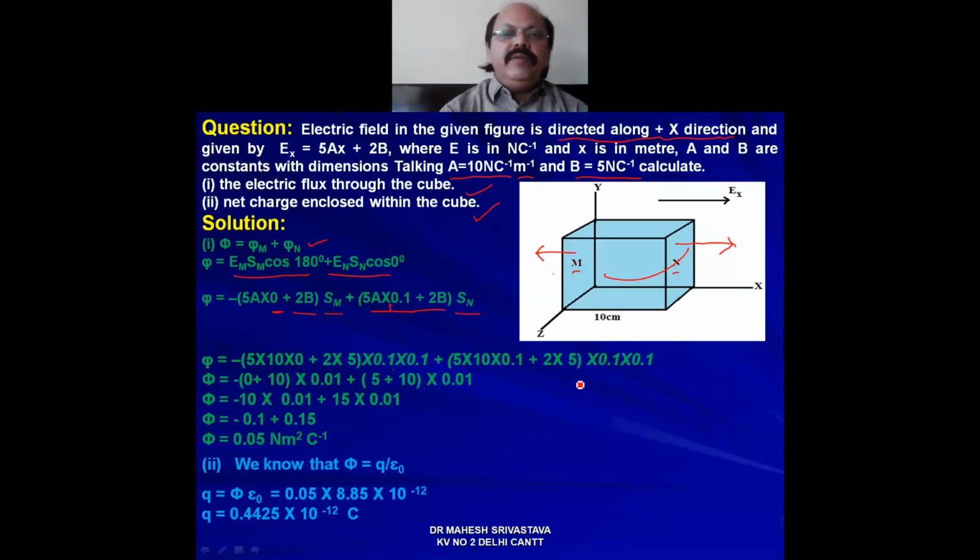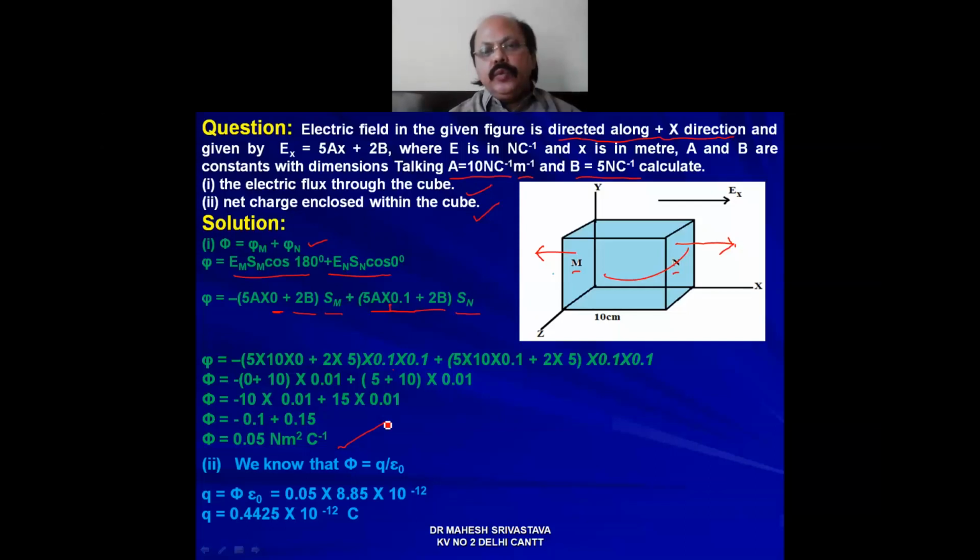Then you calculate it and solve. Then what you will get? You will get phi is equal to 0.05 Newton meter square per coulomb. So this is the total electric flux through the cube.